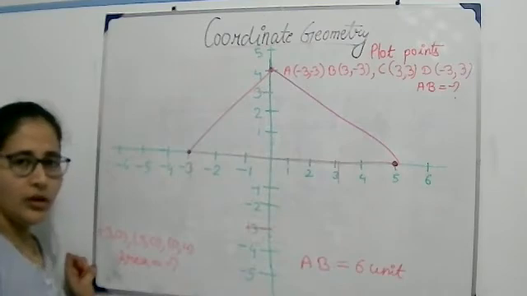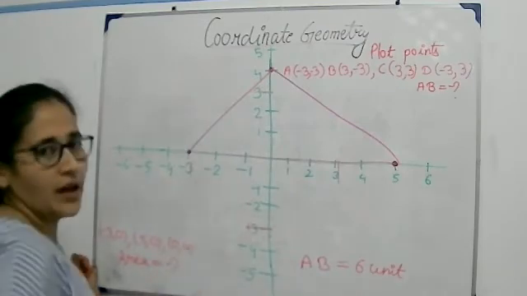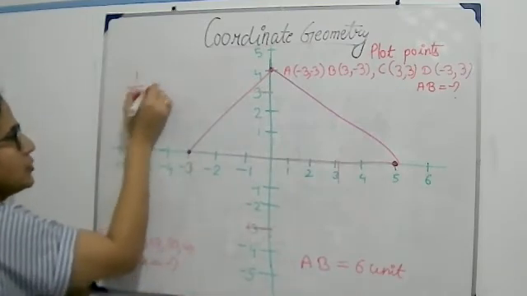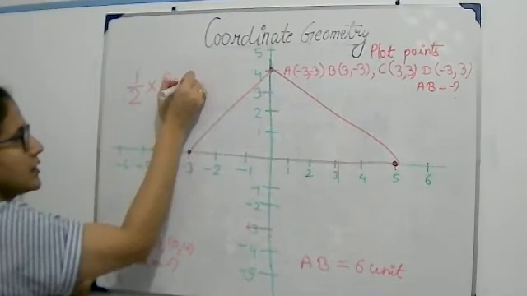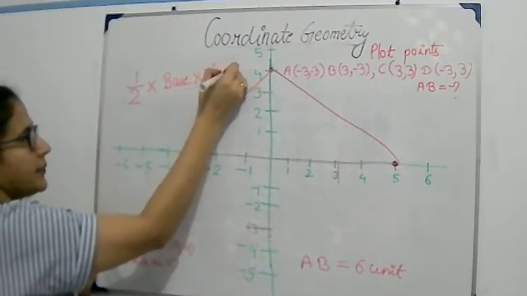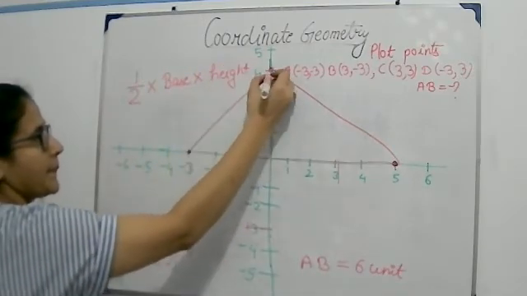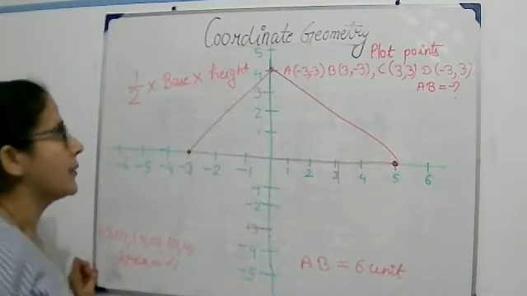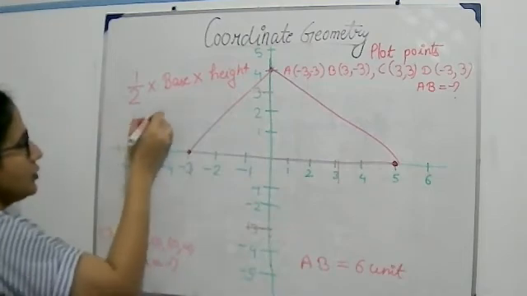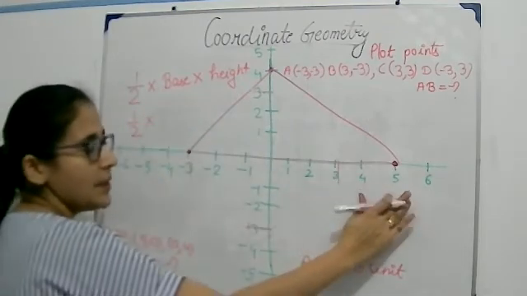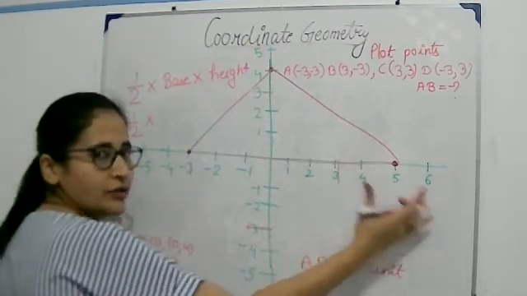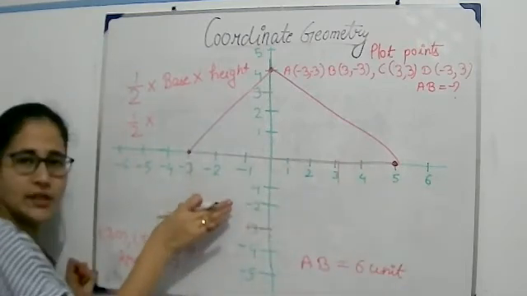We already know the area of a triangle is 1 by 2 times base times height. Height is this one. So 1 by 2 times base. This is the base: 5 units forward and 3 units backward.